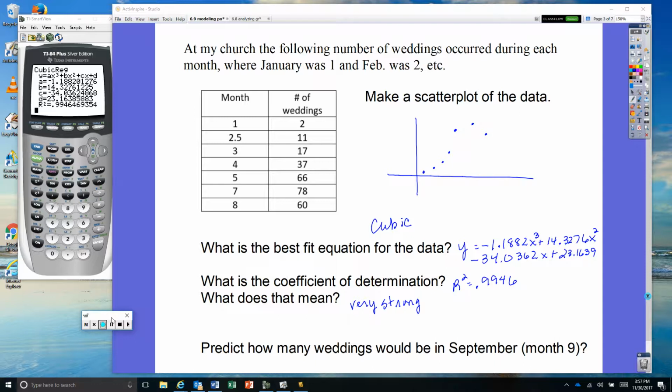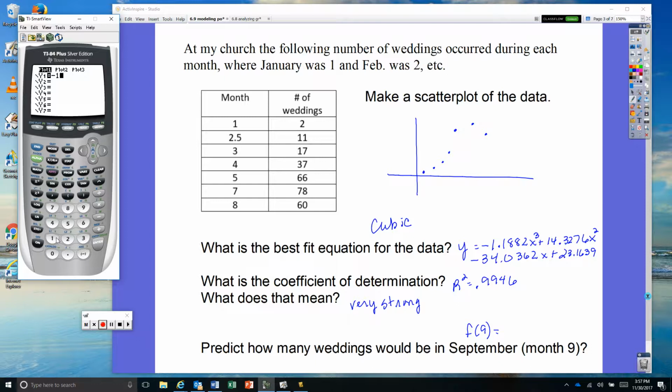Predict how many weddings in September, which would be month 9. So this will be f of 9. Need to put my equation in. Y equals. I'm going to type that in.